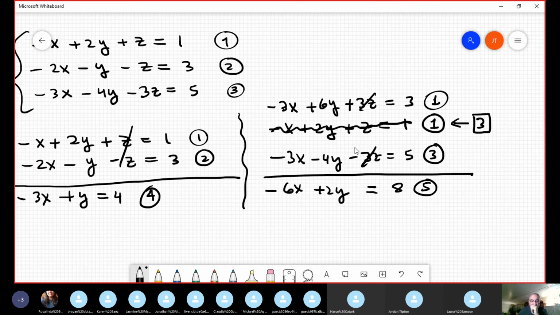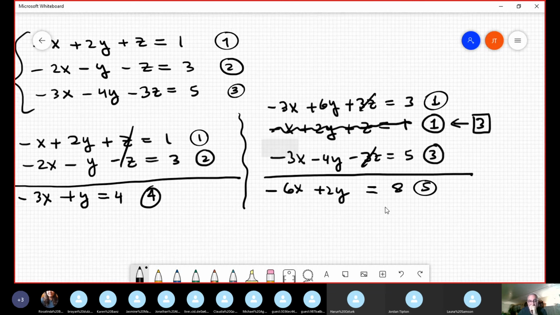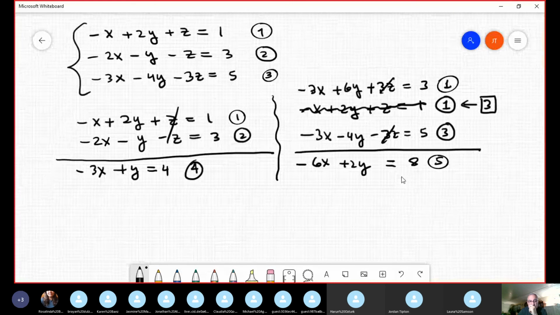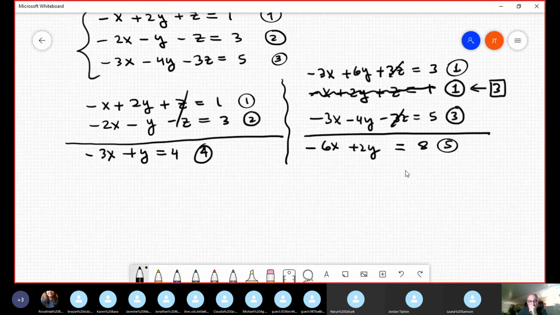I call it 5. I put together now 4 and 5. Surprise, guys, this is totally different. In equation 5 specifically, I can see that you have 2 as a greatest common factor. If you divide the entire equation 5 by 2, surprise, look at that: minus 3x plus y equal 4.